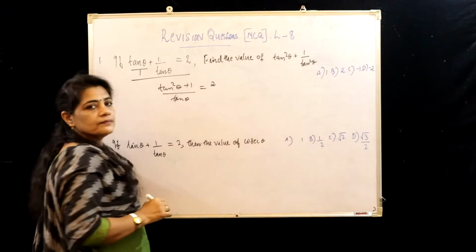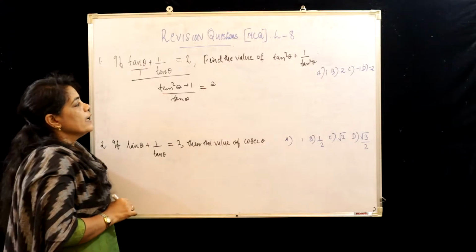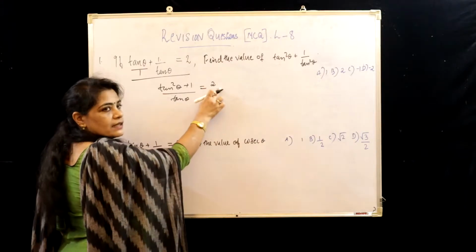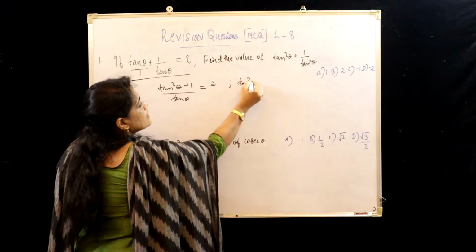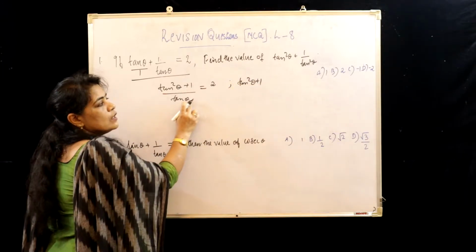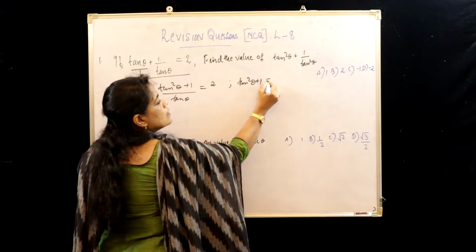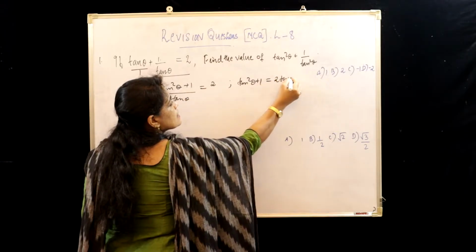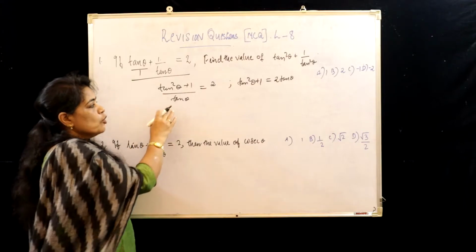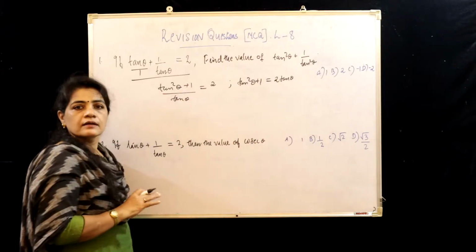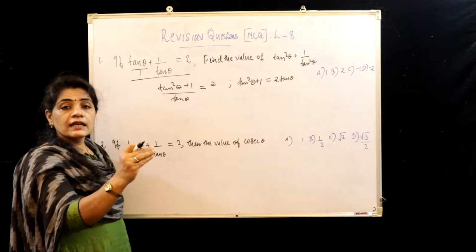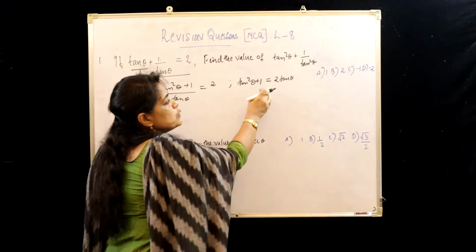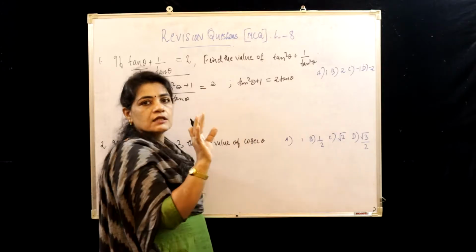Next I am going to take tan theta into the RHS. So you will have tan square theta plus 1 equals 2 tan theta; the denominator becomes the multiplier. In the next step I am going to take that 2 tan theta into the LHS, keeping 0 on the RHS.